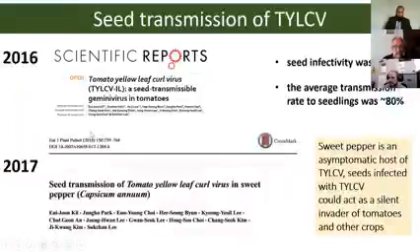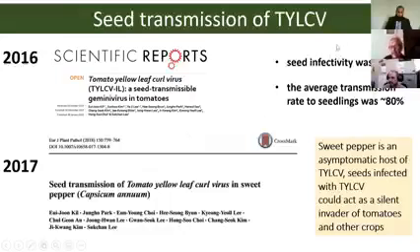And very, very recently, in 2018, a new paper came out saying that tomato yellow leaf curl virus is a seed transmissible Gemini virus in tomato.